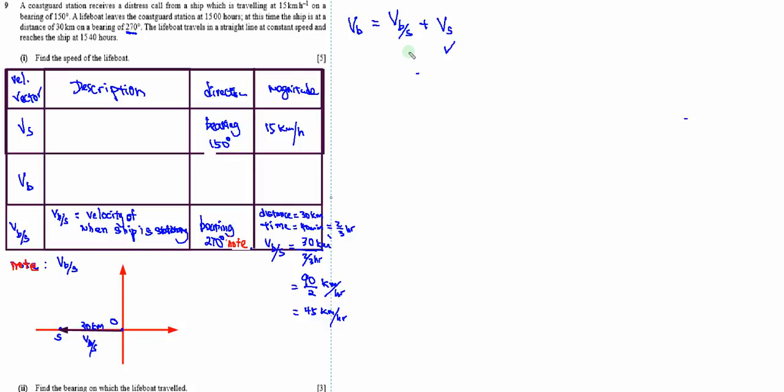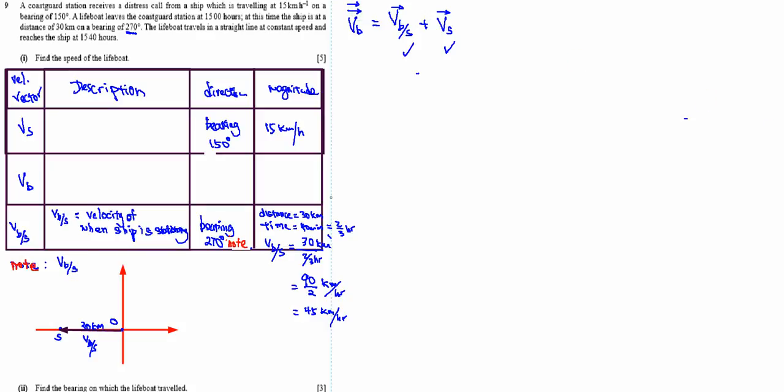VBS, we also have the direction, that's at 270. Since these two have the direction given, we put two arrows here, one arrow for this, and one for this, and this becomes the resultant.